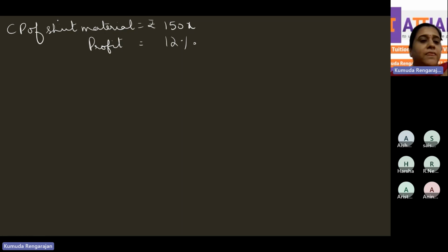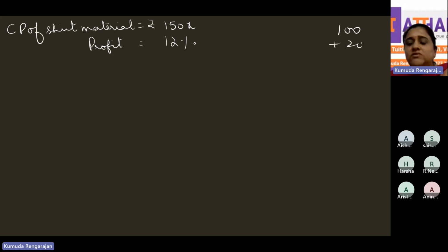I'll try my best. So CP and profit we know. Now we'll have to find the selling price. Selling price is equal to cost price plus profit. See, you buy something for 100 rupees and now you want to make a profit of 20 rupees.